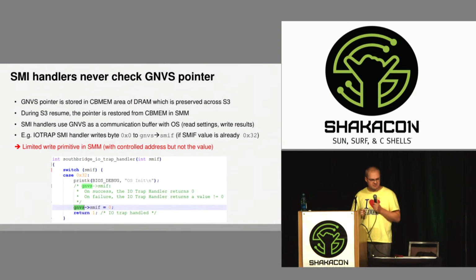Unfortunately, this primitive is not a full primitive. It's not an arbitrary primitive, where you control an address and value. You are just controlling the address here, but you're not controlling the value. And in many cases, you even have a precondition, as we have in here.